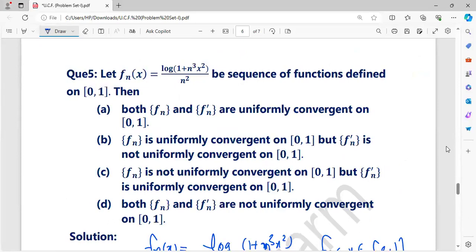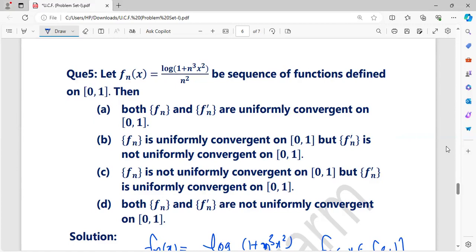Because we have done this lecture, you can see our playlist on uniform convergence of functions.